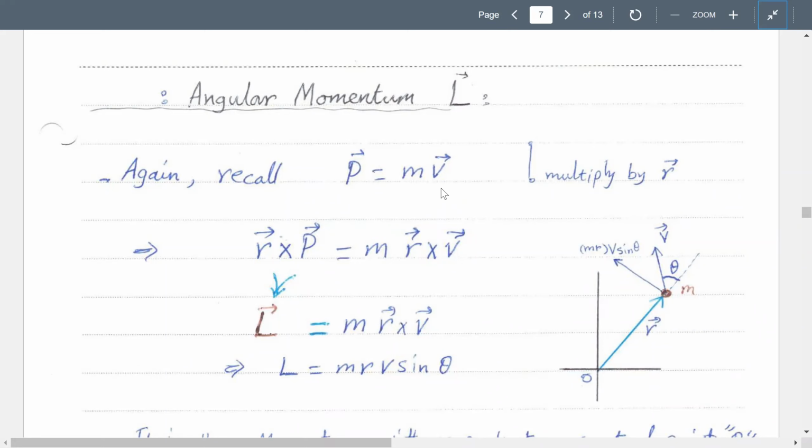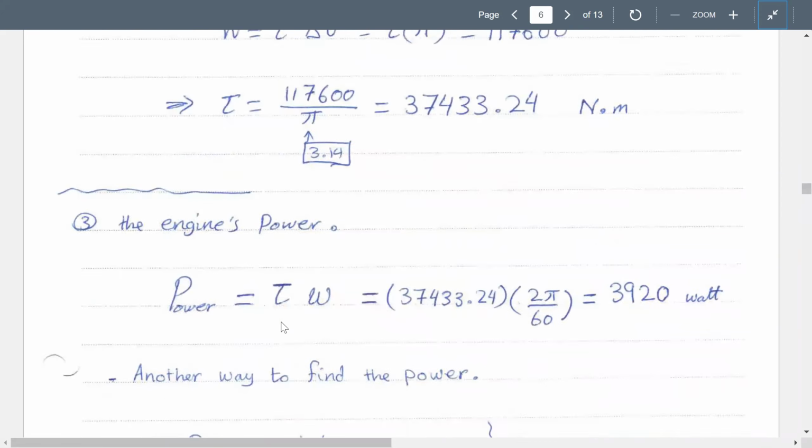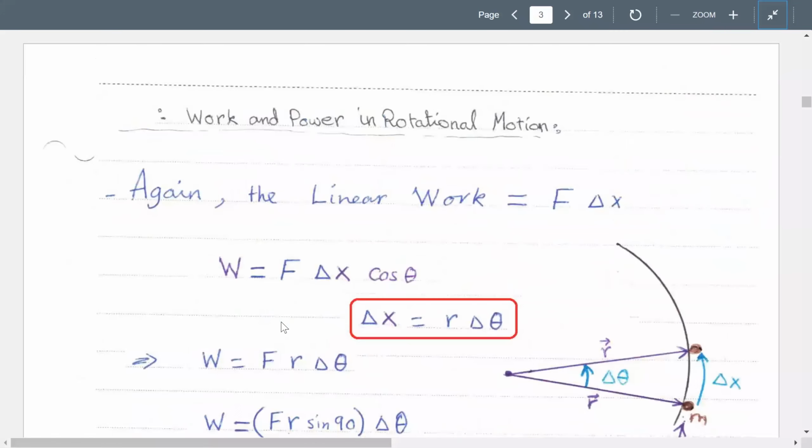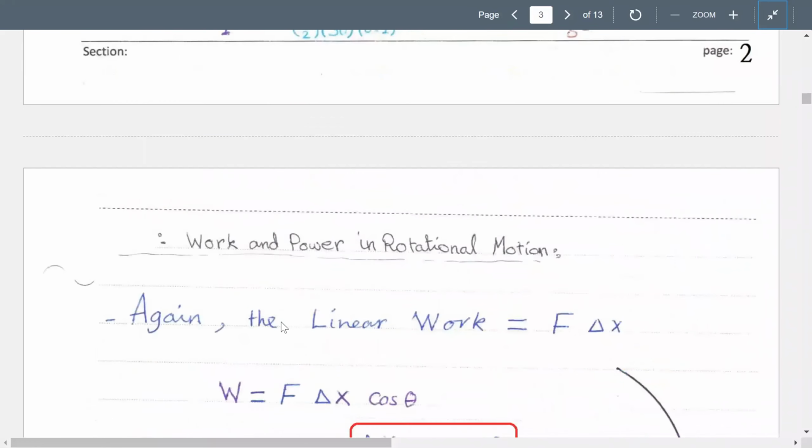By the definition, just multiply both sides by R. If you multiply R by P, it will be L, which is the angular momentum. If we multiply R by the linear quantity, it will give us the angular quantity, just as we did here when we found the work. Yes, the force, the torque.